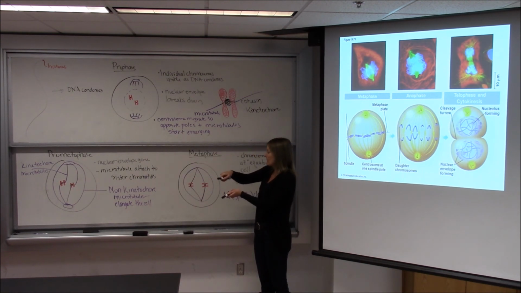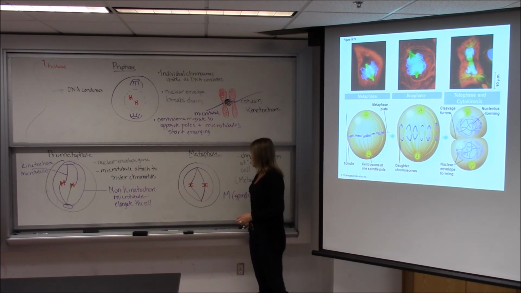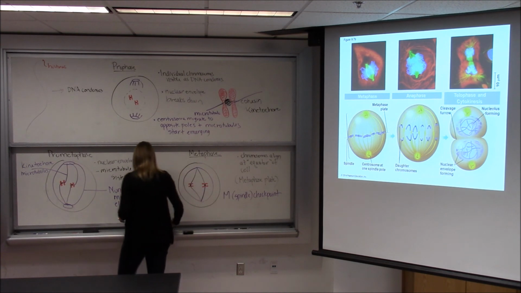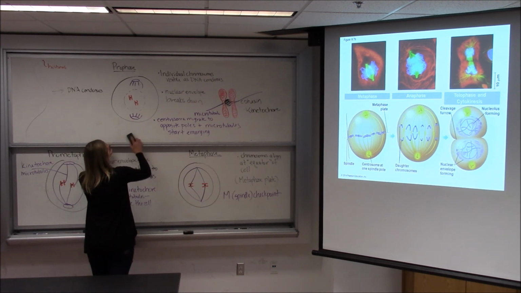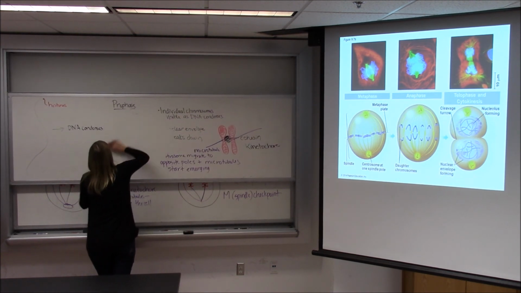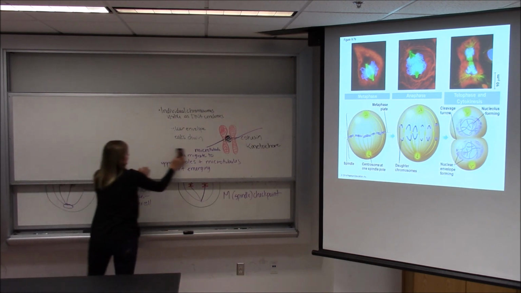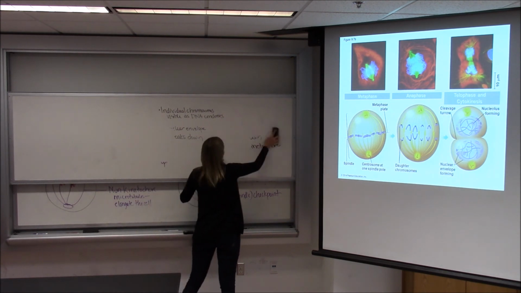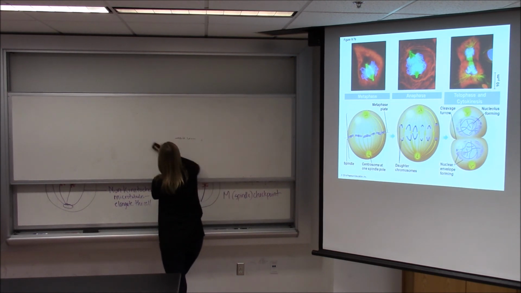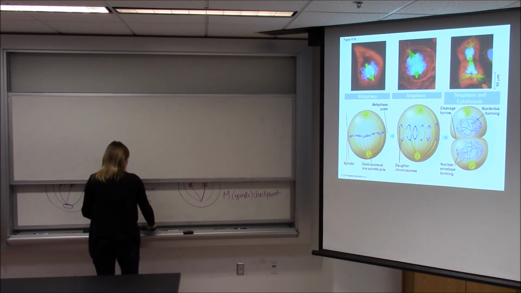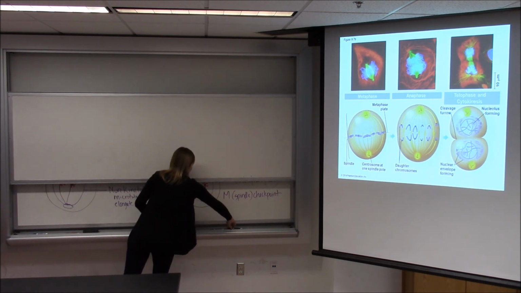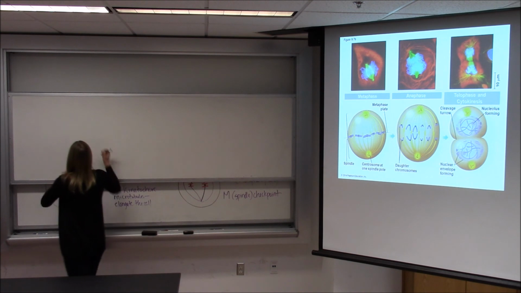They're not being held together anymore. They're already under tension, and as soon as there's not that sticky stuff holding them together, they're going to pull apart, and we're going to be at anaphase. This cascade of events is called the anaphase promoting complex. The reason I give you this detailed story in a non-majors class is because I think it's a very important example of enzyme inhibitors. So anaphase promoting complex.